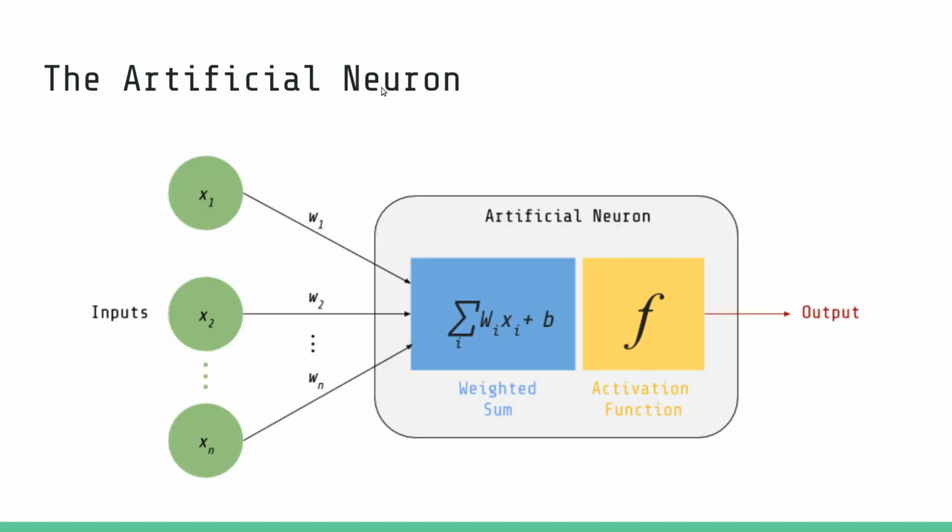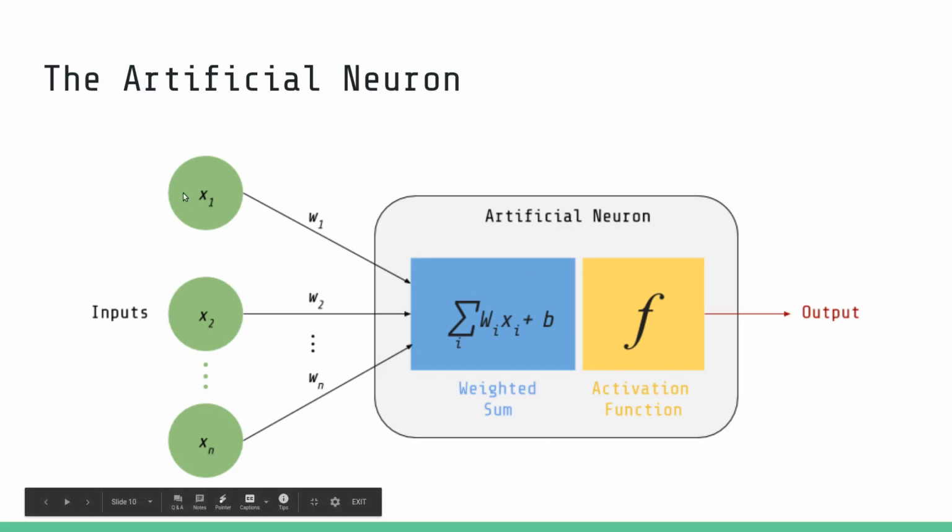The artificial neuron, inspired from the biological one, is quite similar. So we have many inputs, for instance here n number of x.